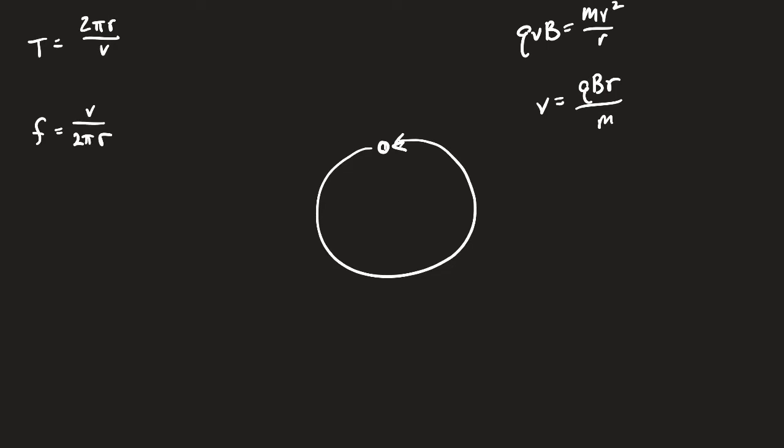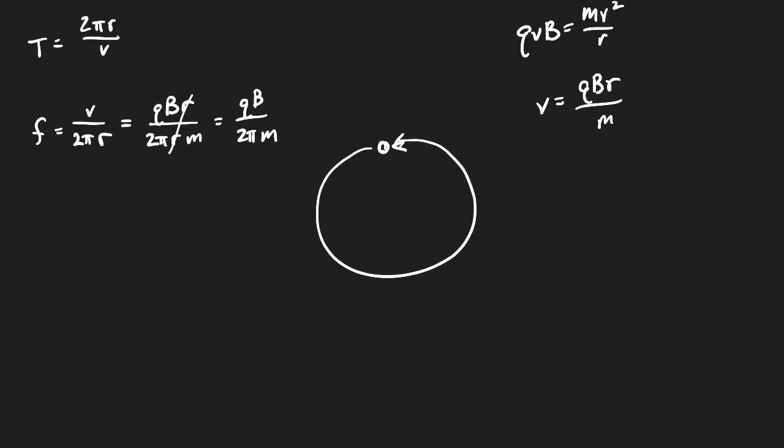So, that being said, I want frequency, which is going to produce qBr divided by 2 pi r m. And clearly the r cancels. We get qB over 2 pi m.